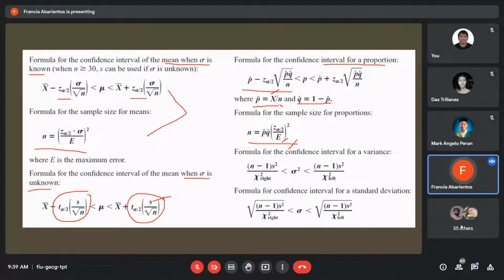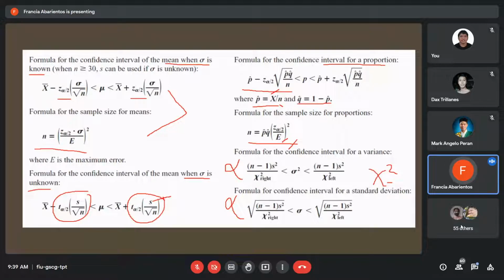And last but not the least, for the variance, when you know that the variance and the standard deviation are asked, automatically we are asked to use the chi-square distribution. Okay?